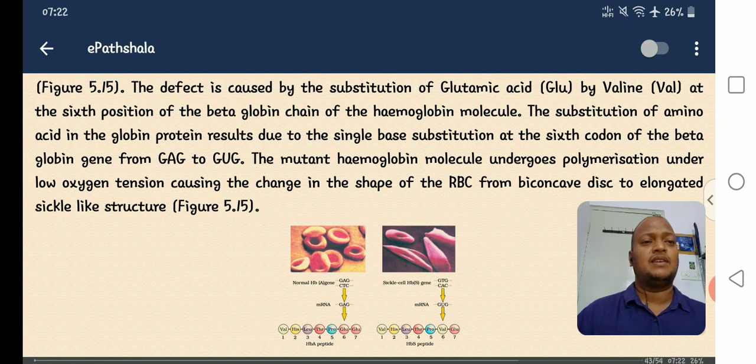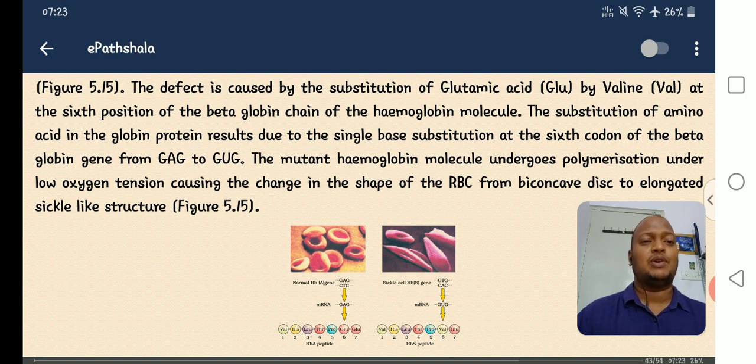So whenever glutamic acid is replaced by valine, the gene sequence is changed from GAG to GUG. Because only one amino acid changed, the gene codon changed. Instead of GAG, GUG is formed.